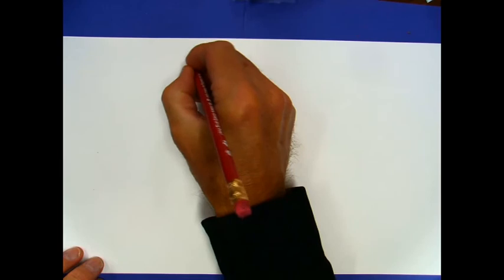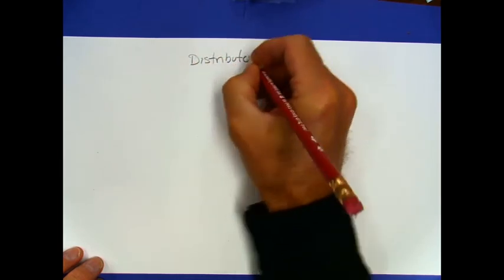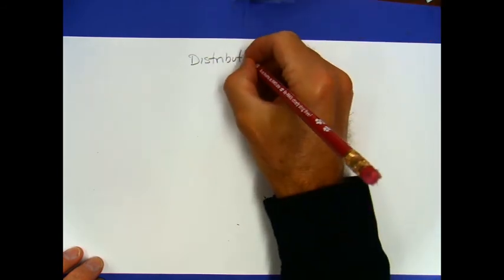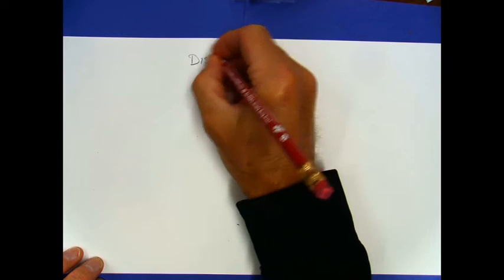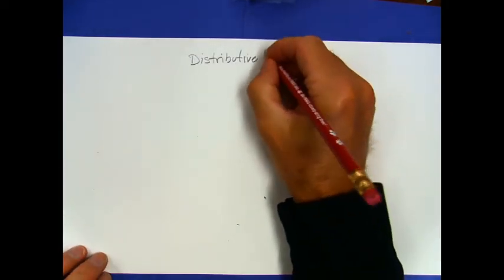Whenever we take something apart, we call it distributing. You take something apart to move it around. And in math, we call this the distributive property.